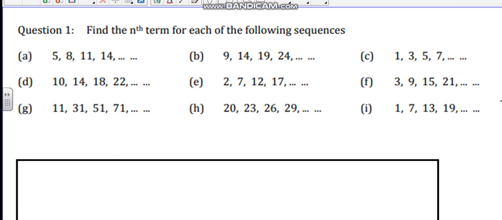Okay, so if you've got all of those, the answers are below, so get a purple pen or something and check your answers.